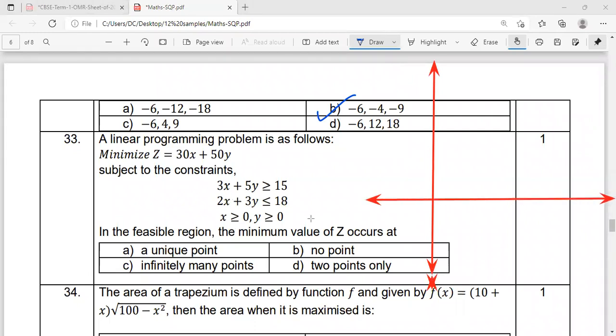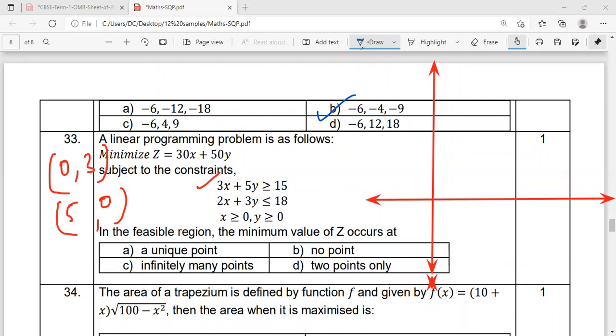So if x greater than 0, y greater than 0 means first quadrant, and then we have these values. See, for the first one, if you put x as 0, y is 3, and if y is 0, then x is 5. All right. So what you will get is (0, 3), (5, 0).